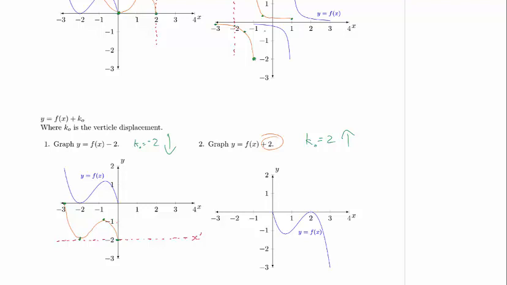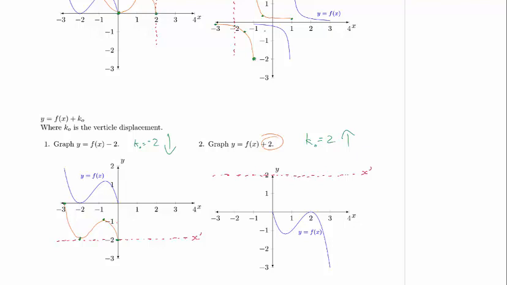And so we're going to do our new axis 2 units high. And we're going to call that again our x prime, where the prime in this context simply means a different x. Nothing special about the x, it's just a different x.